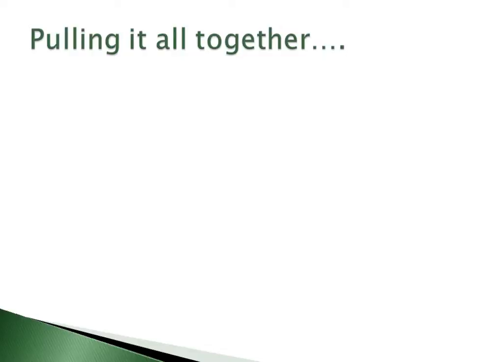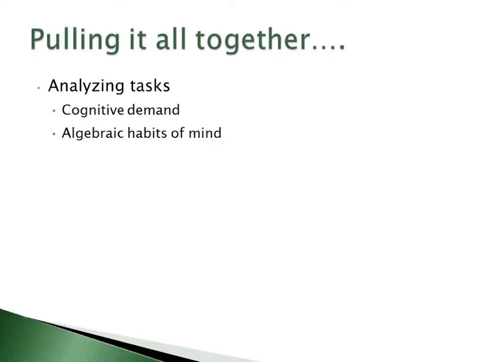We have covered a lot of information. We looked at analyzing tasks through the lens of cognitive demand, the kind and level of thinking required of students in order to successfully engage with and solve the task, and algebraic habits of mind: doing and undoing, building rules to represent functions, and abstracting from computation.